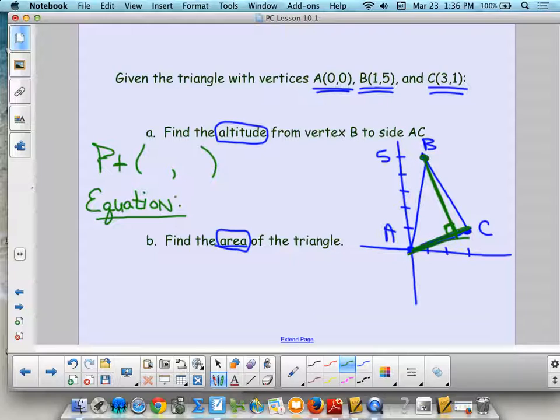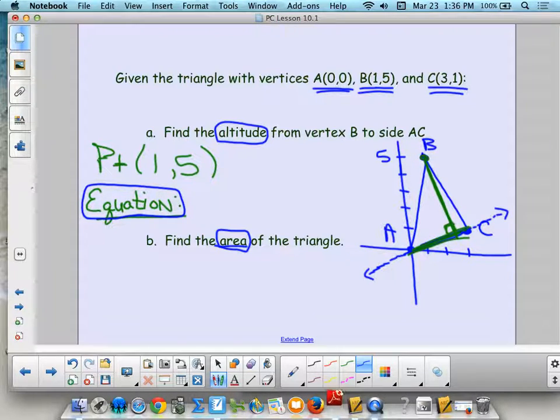So, will you do what for me? Find the equation. B is (1, 5). That's an easy one. This is considered the tough one. Get the equation. Just pretend AC goes forever.